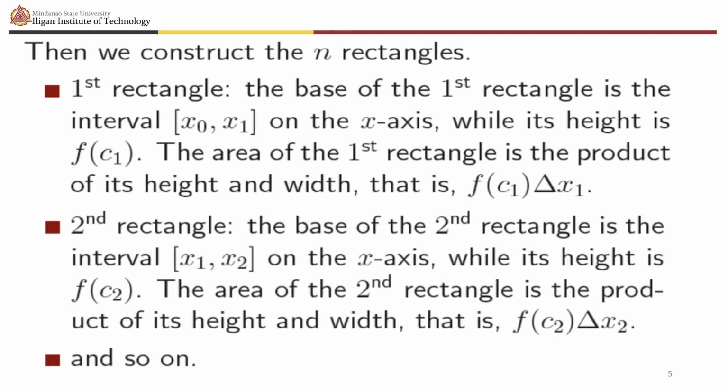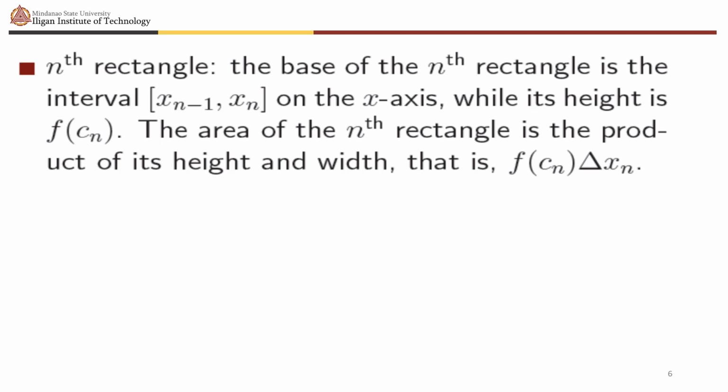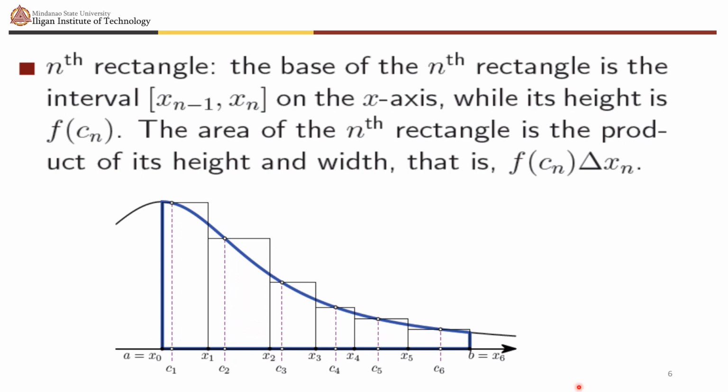So the nth rectangle, the base of the nth rectangle is the interval x sub n minus 1 to x sub n, while its height is f of c sub n. So the area of the nth rectangle is the product of its height and width, that is f of c sub n times delta of x sub n.